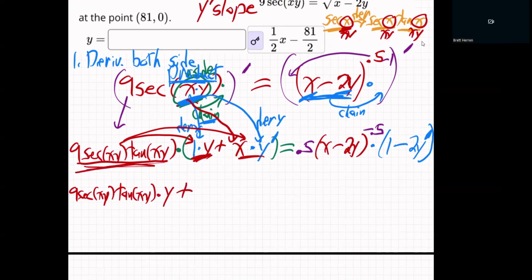And now this whole thing goes here. That's going to be 9 secant xy tangent xy times x times y prime. Okay, equals. Okay, now the other side.